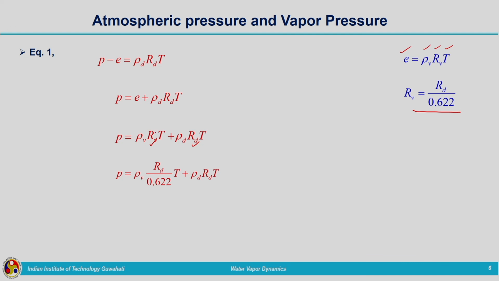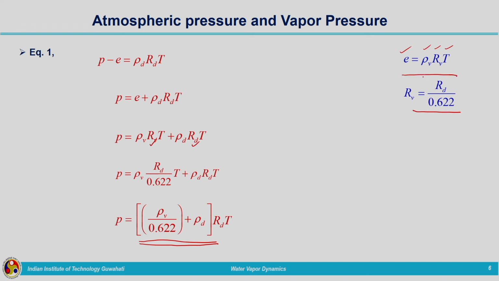We substitute that for Rv. Now you can see we have Rd T in both terms, so we can rearrange this equation for P. P is equal to Rd T multiplied by (rho v divided by 0.622 plus rho d). This way we get the expression for total pressure P.